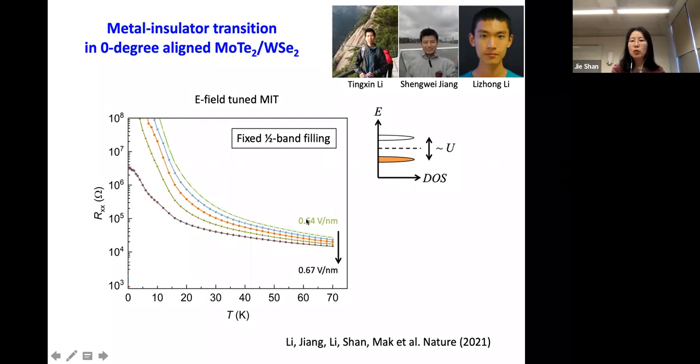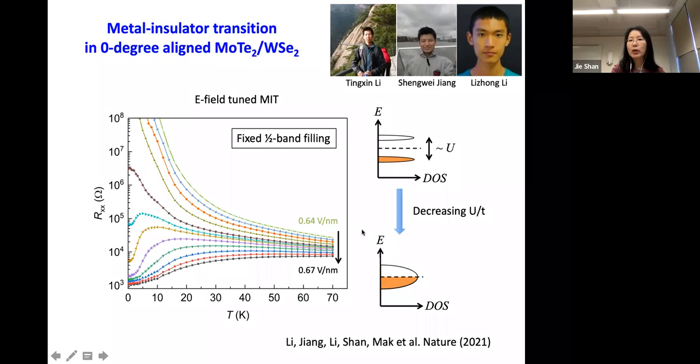If I tune the electrical field, increasing it just a little bit, I get something very different. Now, instead of resistance going up at low temperature, resistance drops. If you look at the behavior at very low temperature, the resistance goes like some constant plus T squared.